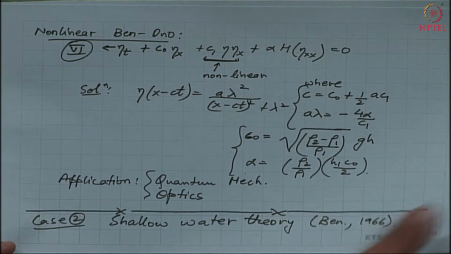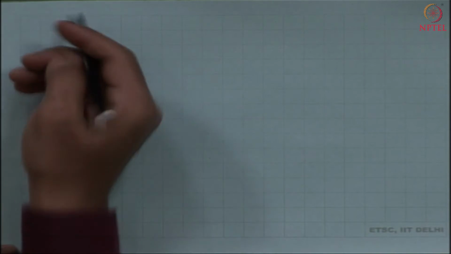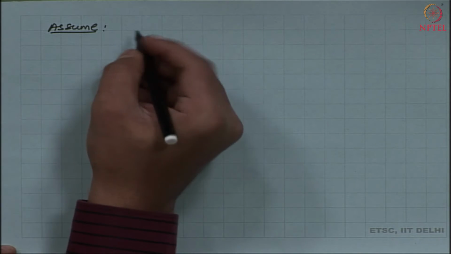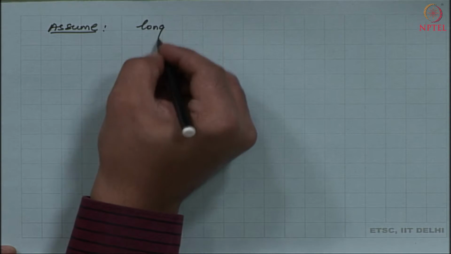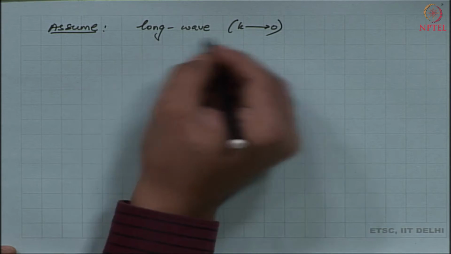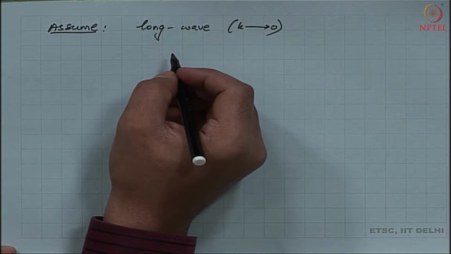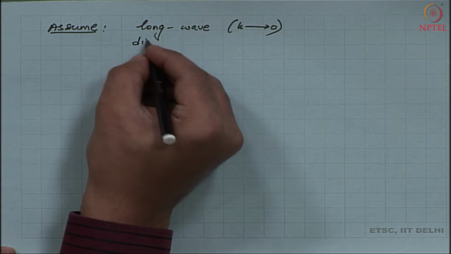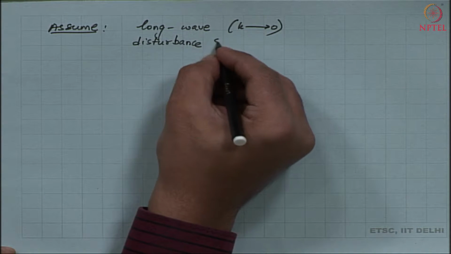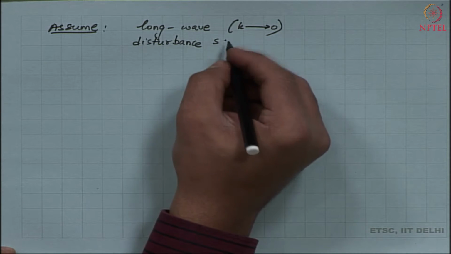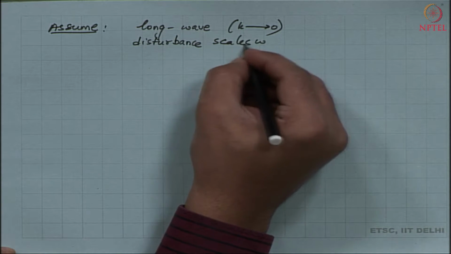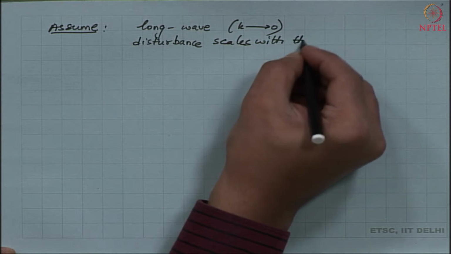In this shallow water theory, again the assumptions are as follows. We assume that we have a long wavelength, k going to 0, again the long wavelength assumption, and the long wavelength disturbance scales with the length.